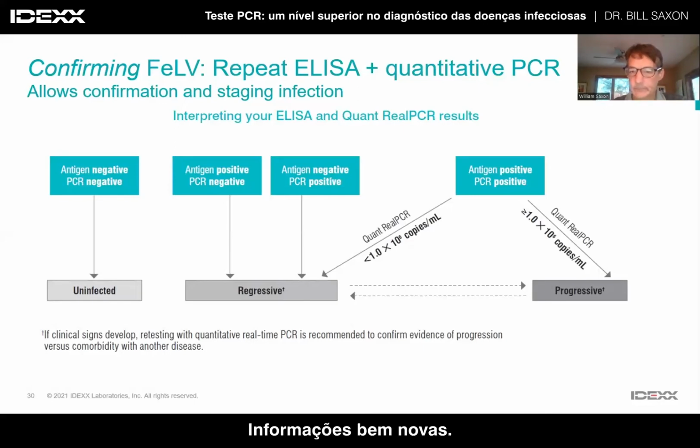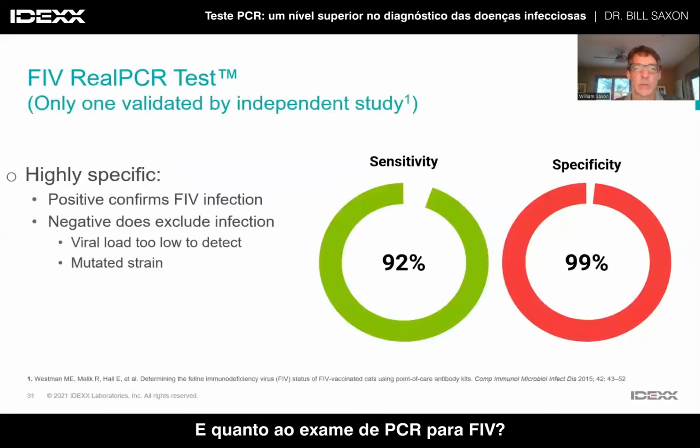Really new information. And again, we're covering it sort of briefly here. All the details are in that AAFP guideline document that I showed. Okay, what about PCR testing for FIV? Also available, the only FIV PCR test validated by independent studies is the IDEXX PCR. And like all PCRs, it's highly specific.